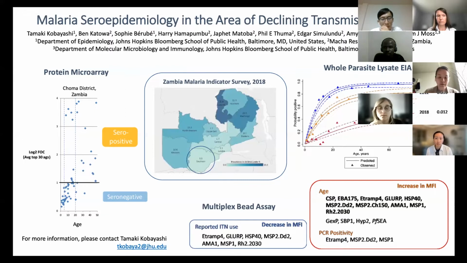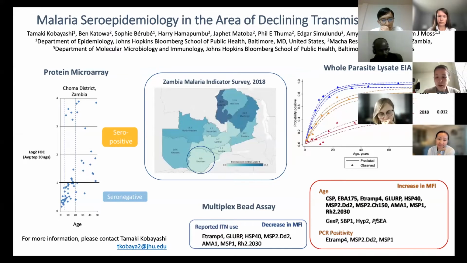Lastly, I want to conclude this presentation with the bottom right, multiplex bead assay, which we are working on in collaboration with Chris Drakeley and Kevin Tetteh from the London School of Hygiene and Tropical Medicine.